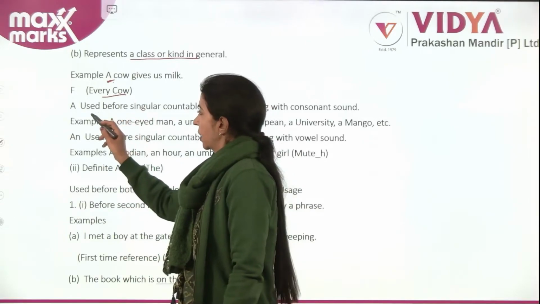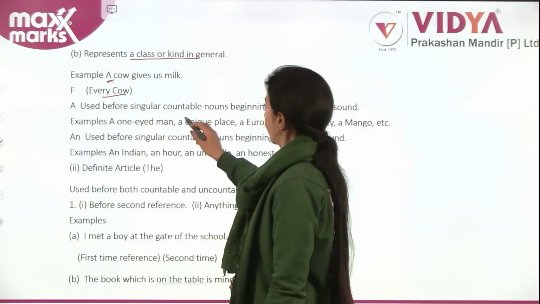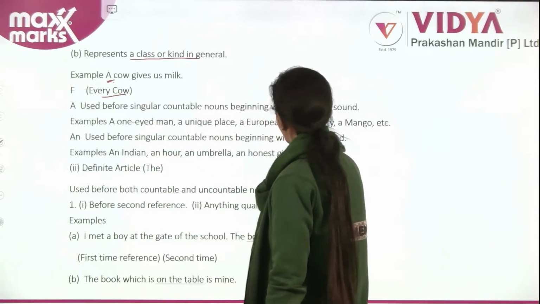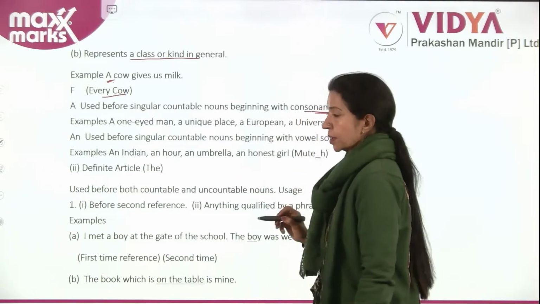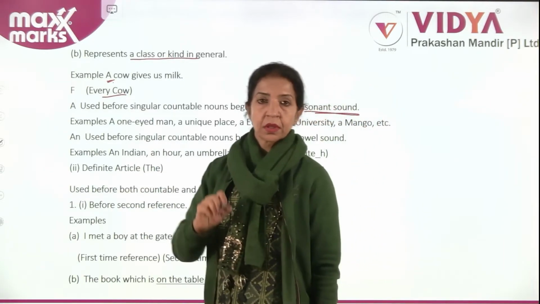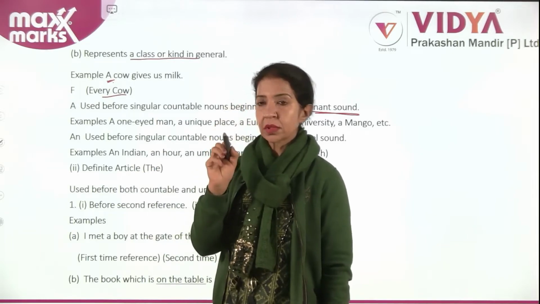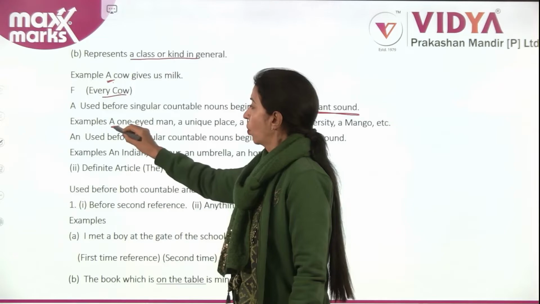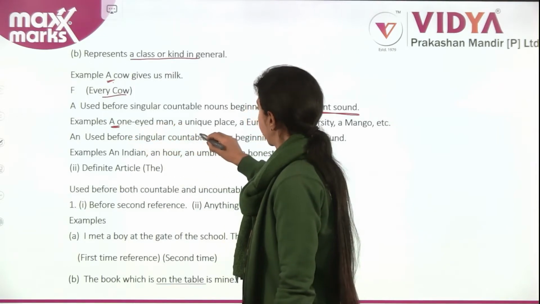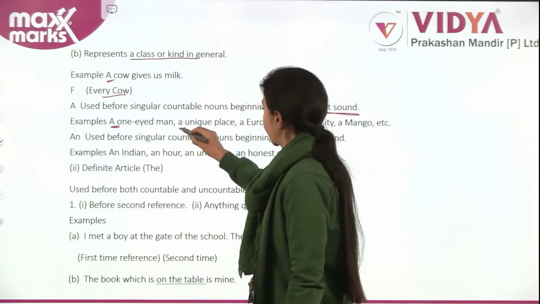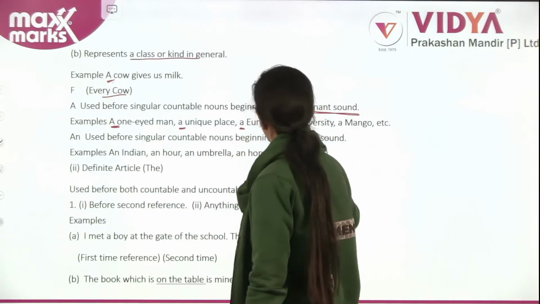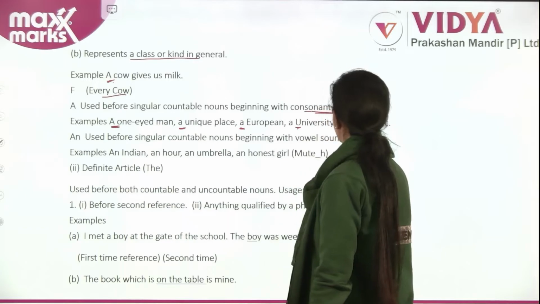Then, a is used before singular countable nouns beginning with a consonant sound. This you need to be careful about. It's with the consonant sound that we talk about. Examples: a one-eyed man, a unique place, a European, a university, a mango.